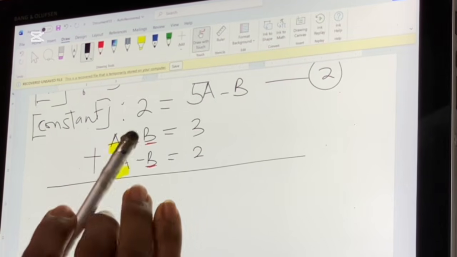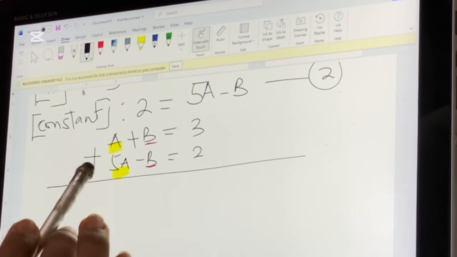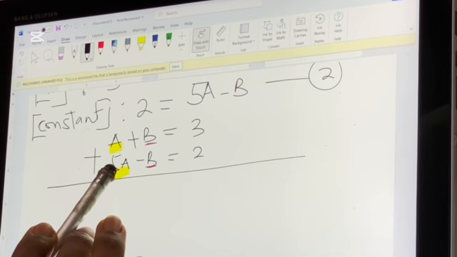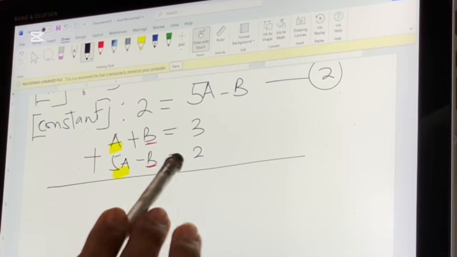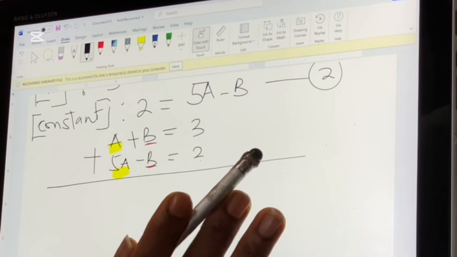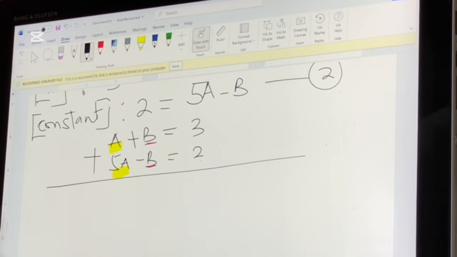Since I have eliminated this using the elimination method, let's add up: if you are starting from the bottom to the top, you also start from the bottom to the top at the right hand side. Please take note. Anything you apply at the left hand side is the same procedure you also apply at the right hand side.